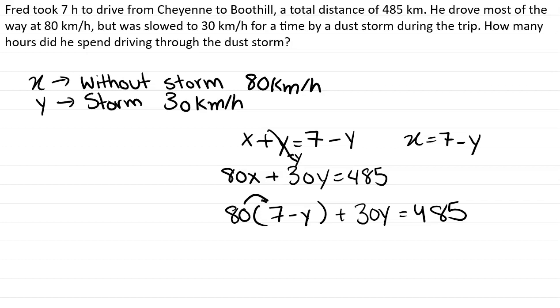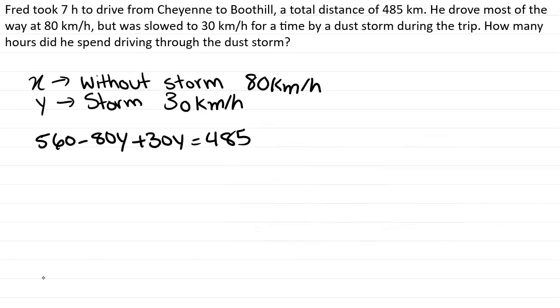Now multiply 80 inside of this set of parentheses, and we have 560 minus 80y plus 30y is equal to 485.